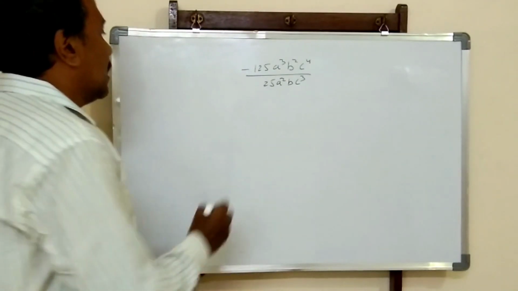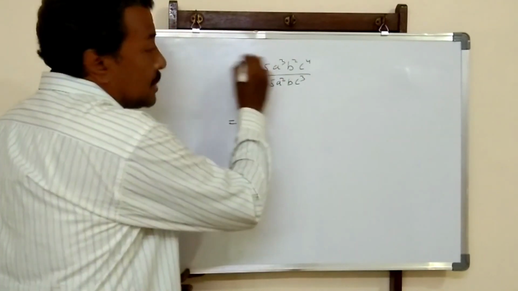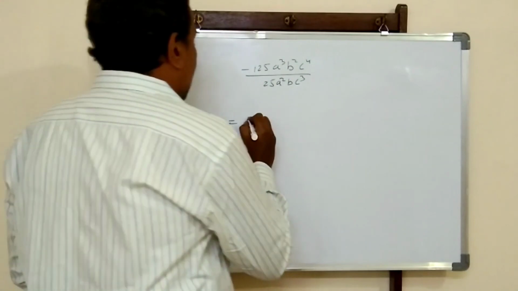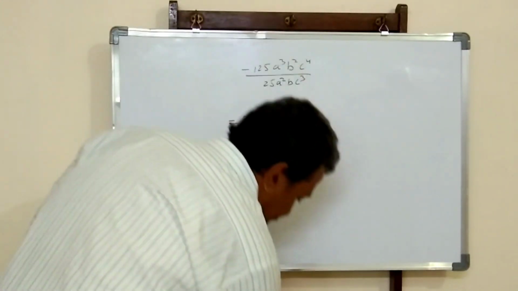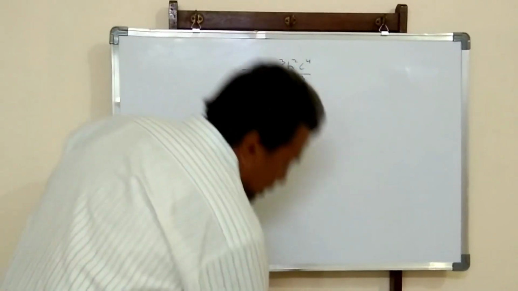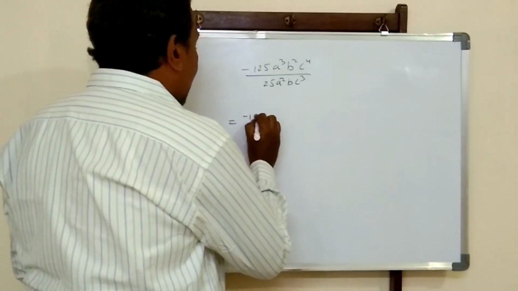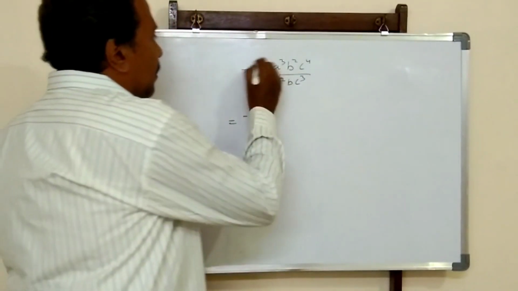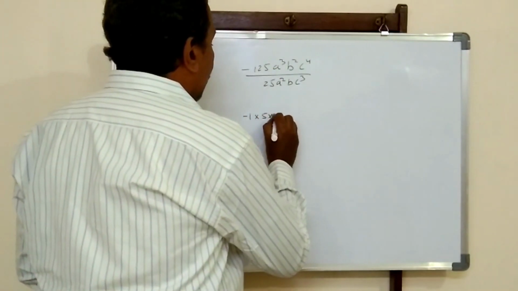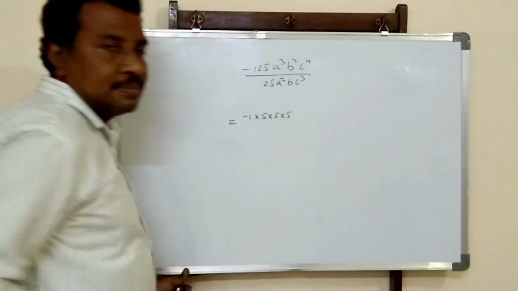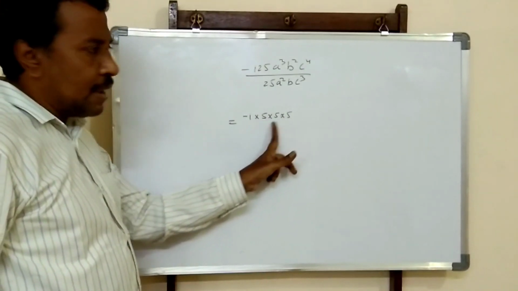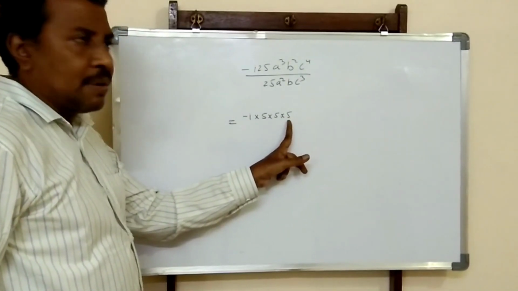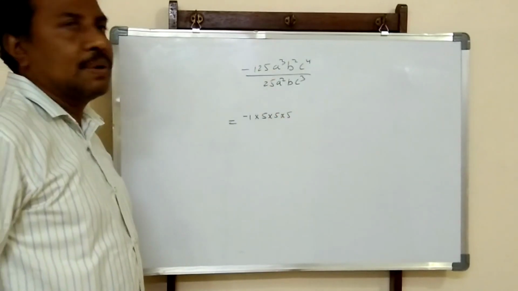Now how to write this in expanded form? Because the negative sign is there, we have to write minus 1 into 5 into 5 into 5. 5 into 5 into 5 is 125, into minus 1 is equal to minus 125.